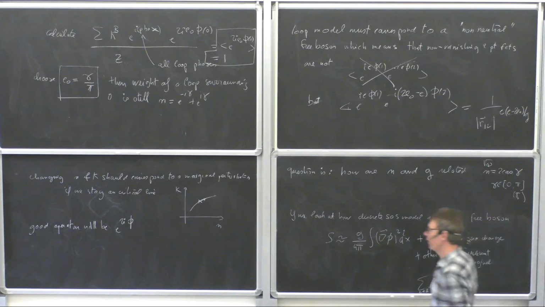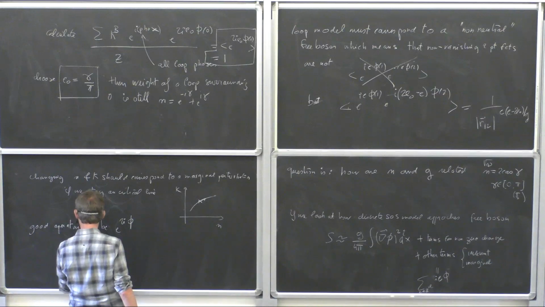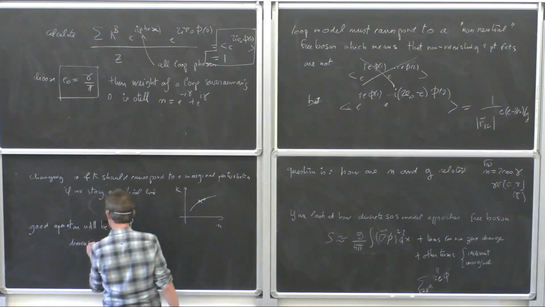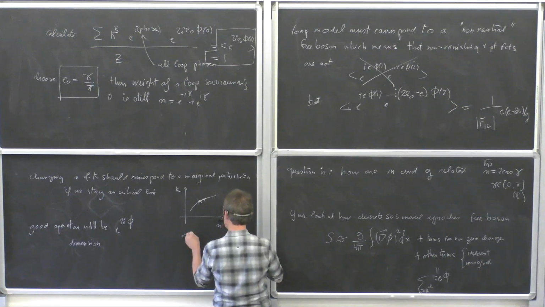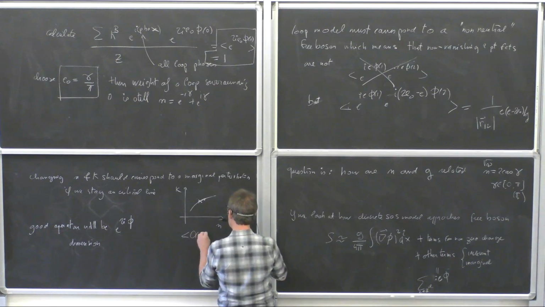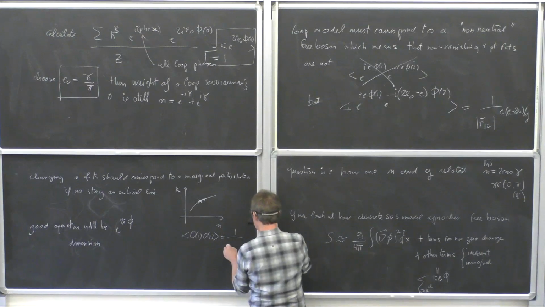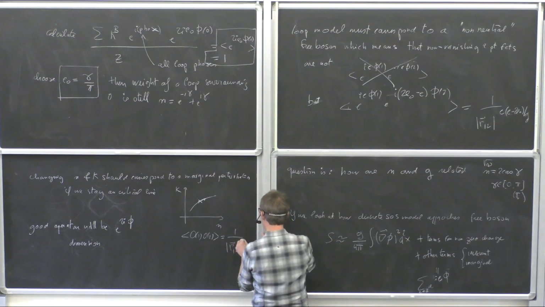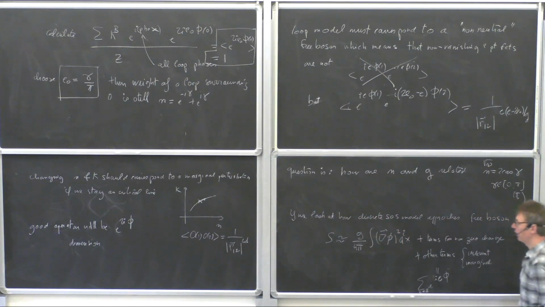If we just believe this for the time being, in general I'm going to write the correlation functions of some scalar observables as 1 over R to the 2D, and D is the dimension of the field.